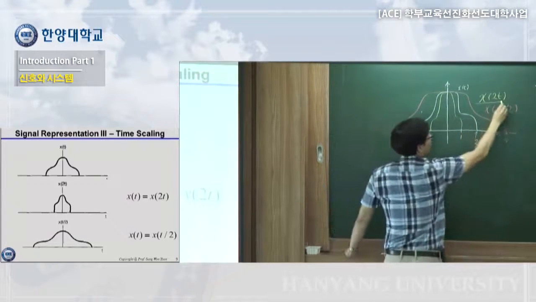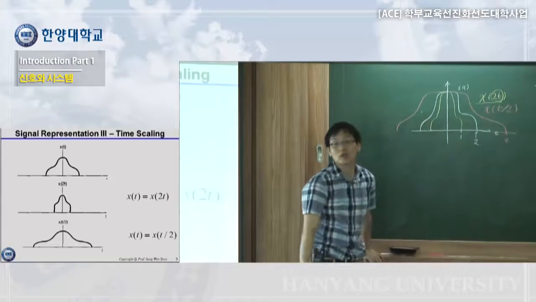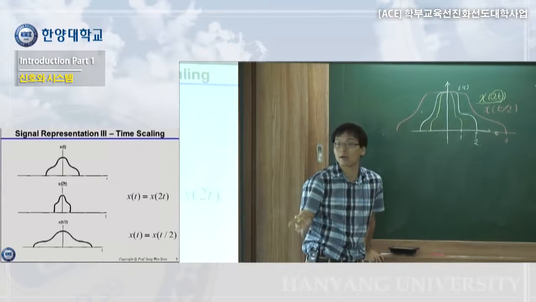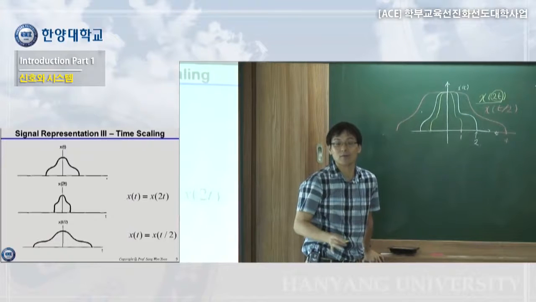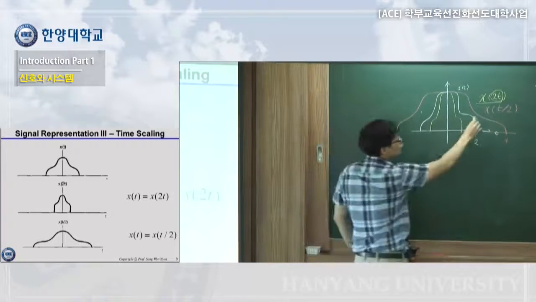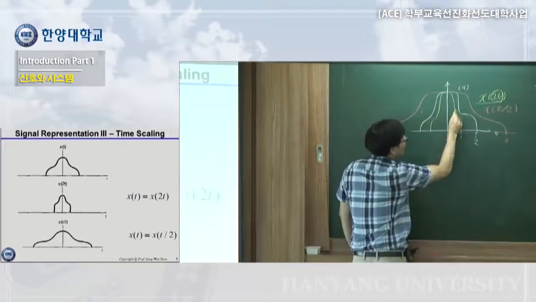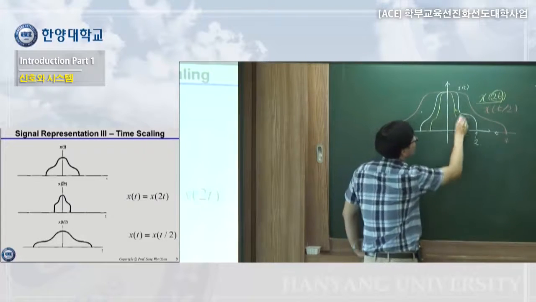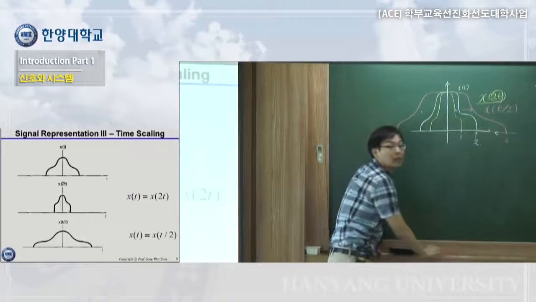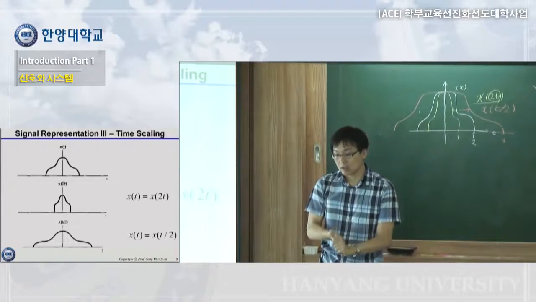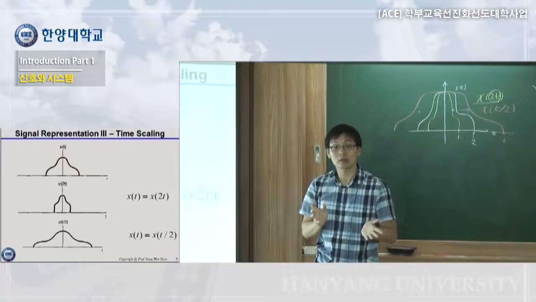So if you have a multiplication in time, 2, half, 3, 5, 5t, whatever, if you change the multiplication of the time, the signal shrinks or extends in the time domain. This one is called time scaling. This one is pretty straightforward, right?